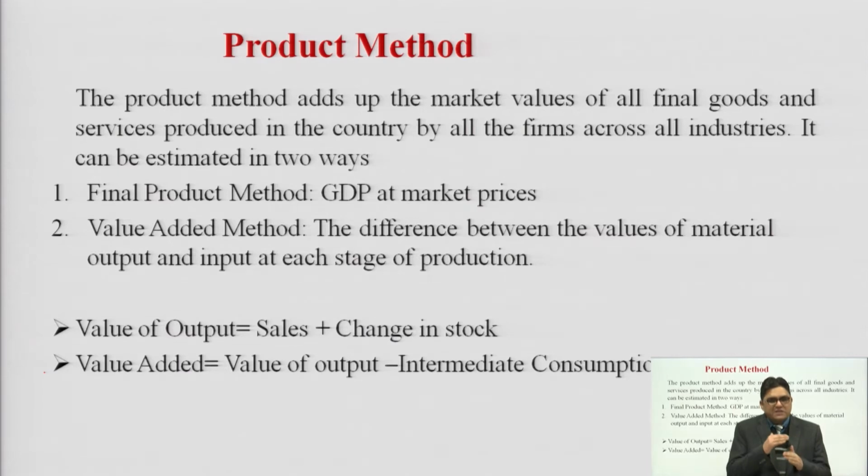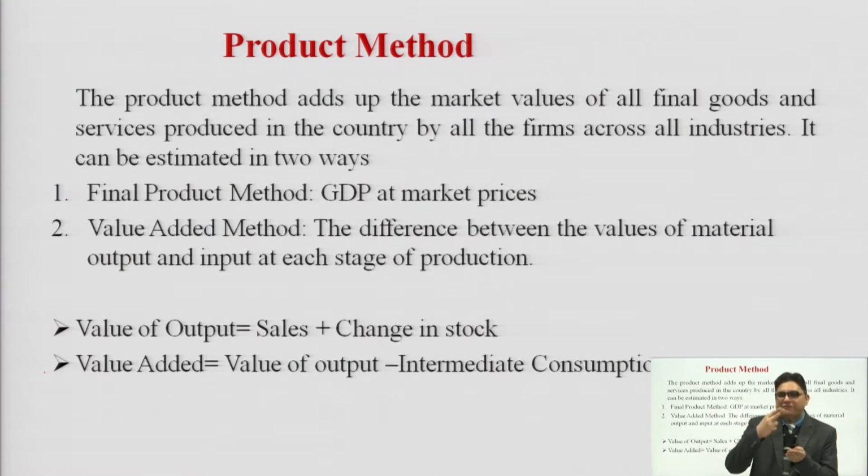Here, as I told you, the differences are taken across the supply chain. At every stage of production, the subsequent stage will have a higher valuation than the earlier one. So, it is better to avoid double counting and take only the added value.